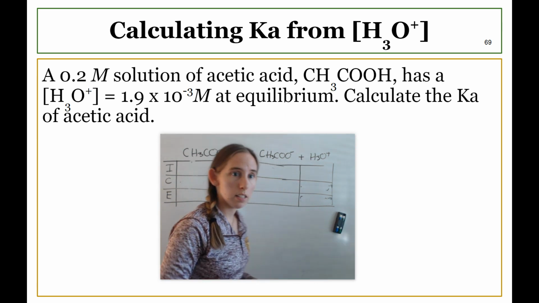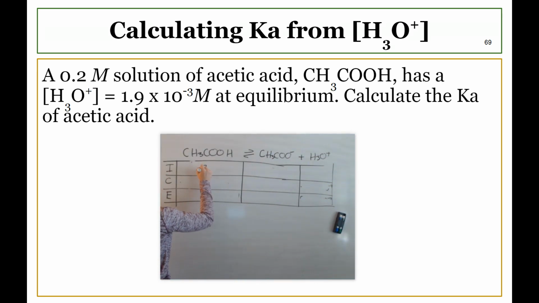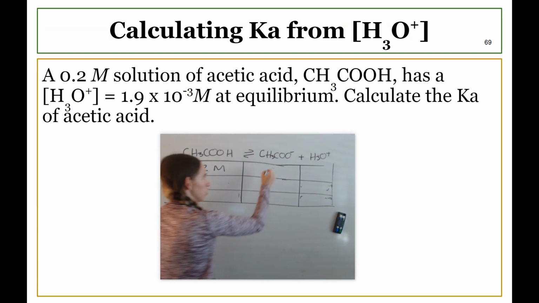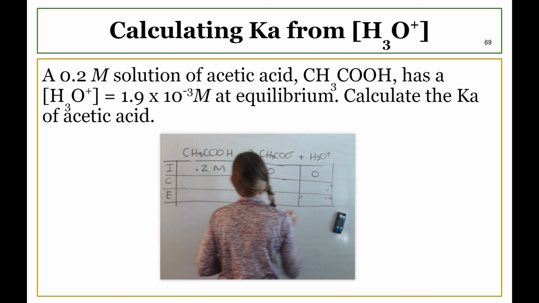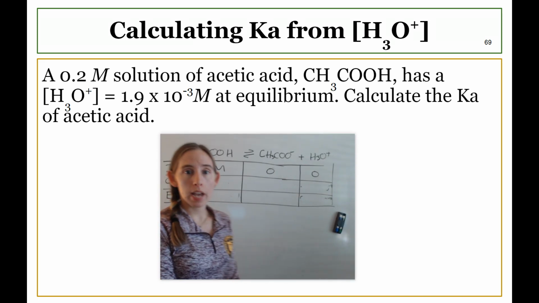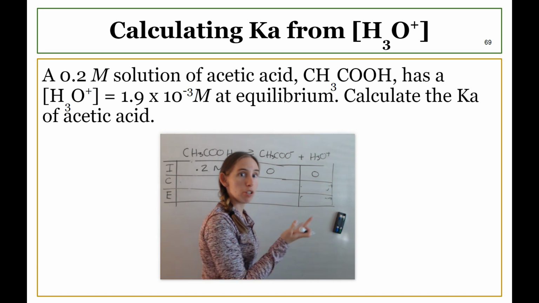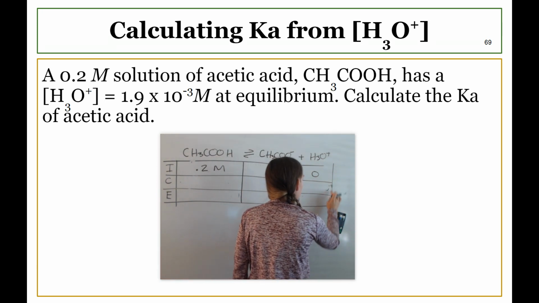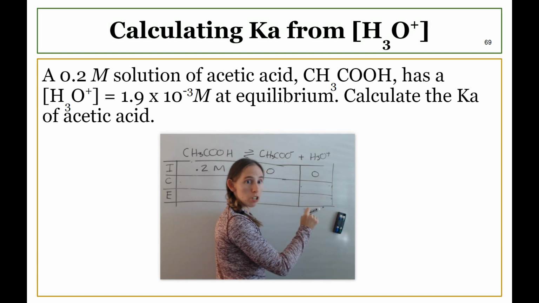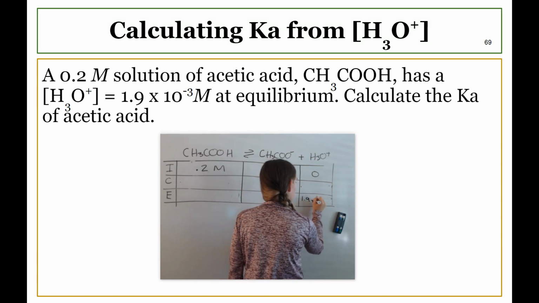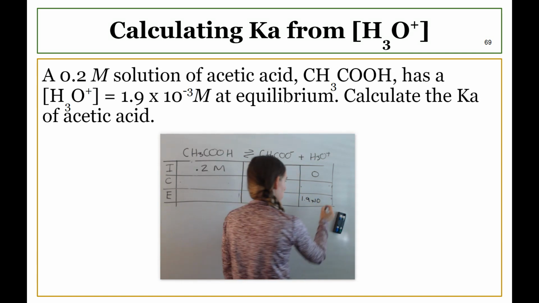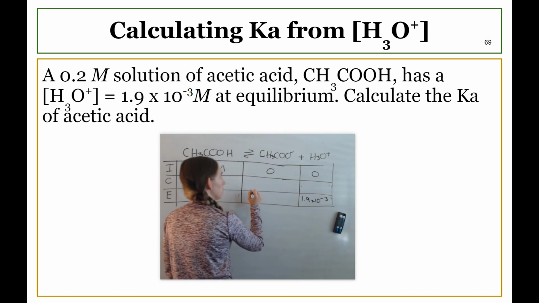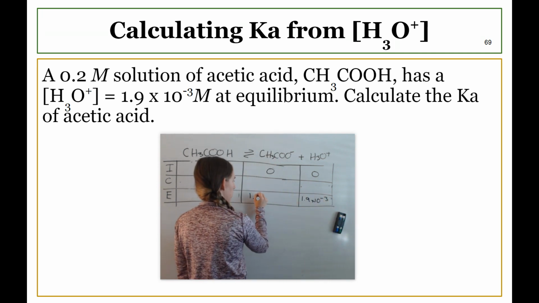Originally it says this is a 0.2 molarity solution, therefore these are zeros. At equilibrium, we have H3O. It's not even telling us pH, it's telling us what H3O is at equilibrium, which is 1.9 times 10 to the negative 3, which means your conjugate base has to be the same value.